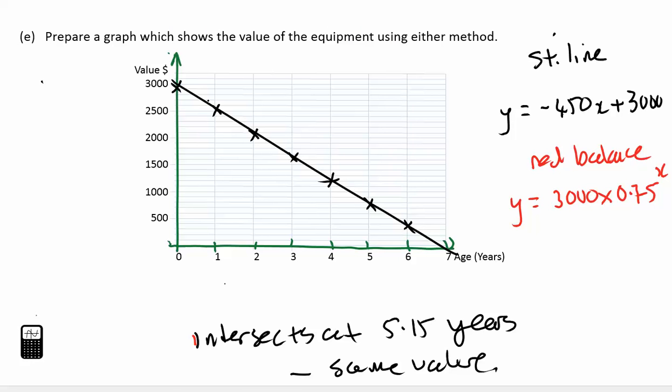Sketching the graphs in, firstly the straight line, nice even straight line depreciation, and then the reducing balance. You can see the break even, or point of equivalence, where the computer equipment's worth the same under both models, 5.15 years.